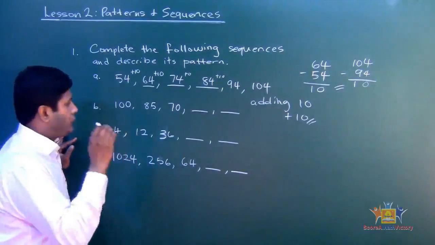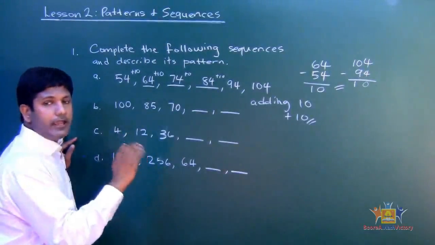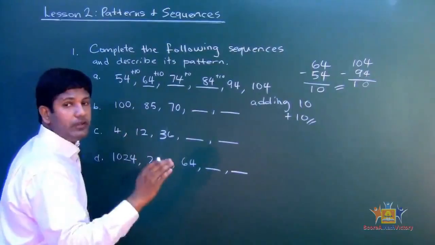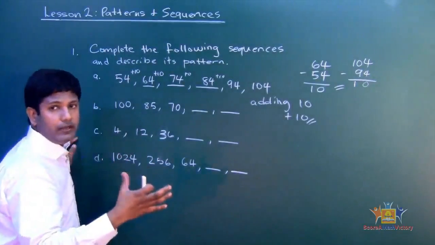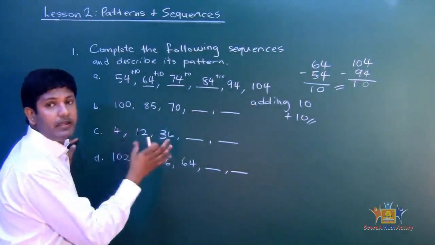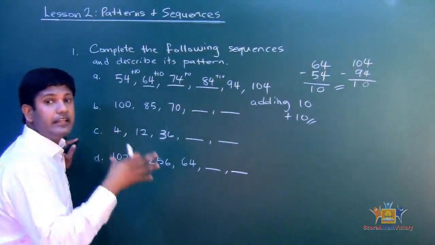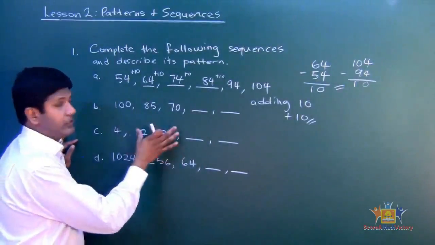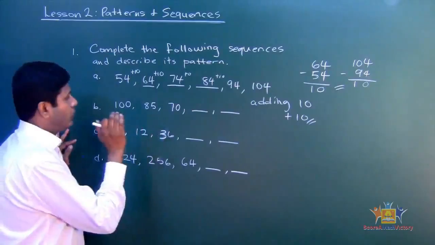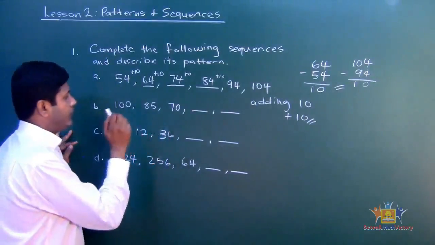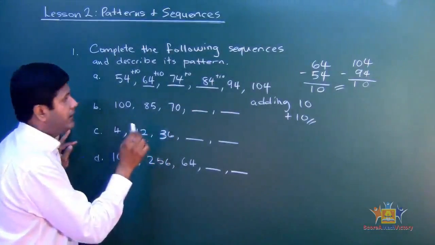Now, we haven't firmly concluded. This is the assumption we're making, a strong assumption that it's going to be a subtracting sequence with that pattern. So to confirm that, what do we do? We take two sets of numbers. Look at what we did with the addition.